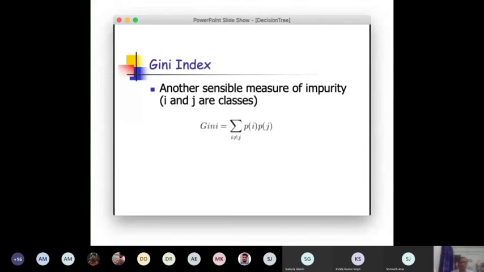In the two class case, it is simply the product of the probability of one class and the probability of the other class. If one class is yes, another class is no, and the probability of yes is P, then the probability of no would be 1 minus P. The Gini index of these two classes would be P into 1 minus P.